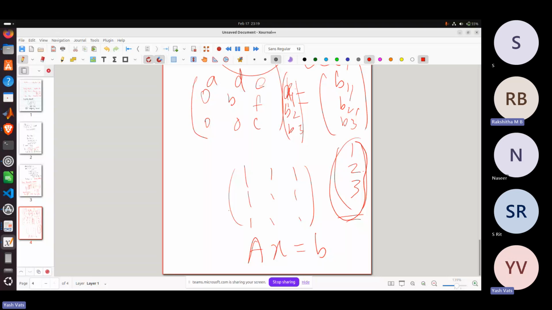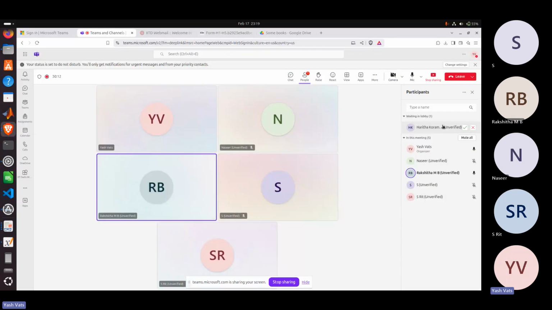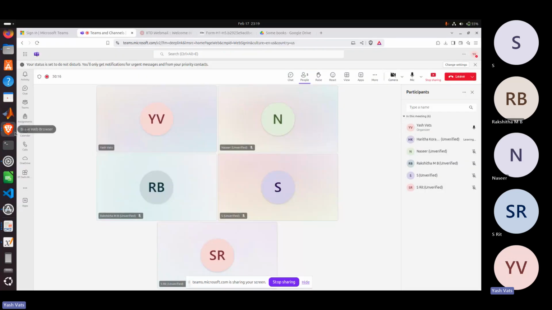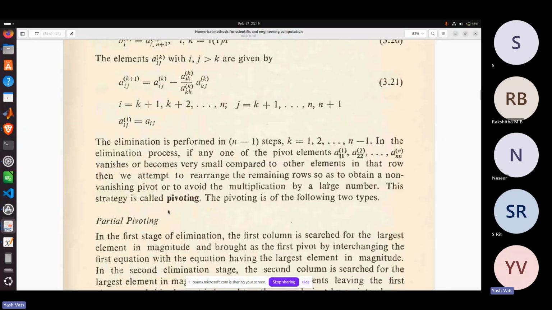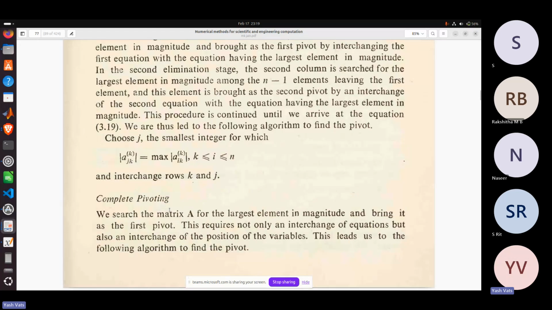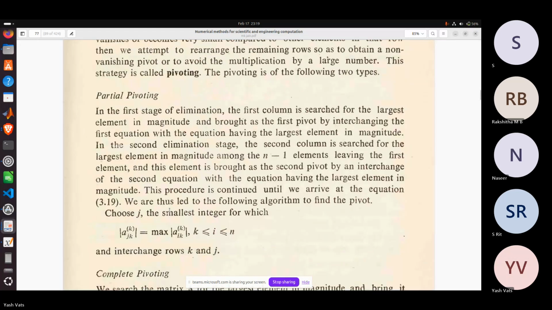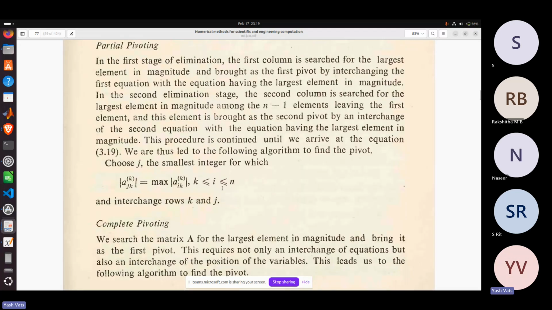Great. Okay, so let's move forward and see some new things. So this method is pretty clear to everyone. Another thing that they do is partial pivoting, in which you try to choose the maximum of each row and place it on the diagonal.